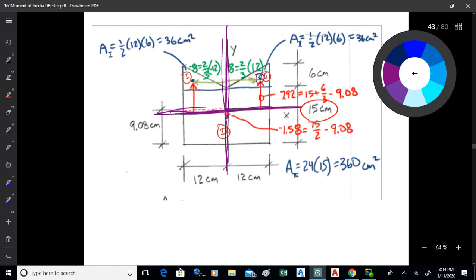But the centroids of the triangles that make up that shape and the centroid of the rectangle are not on the x-axis, and the triangular ones are not on the y-axis. So I know I'm going to have to do the transfer axis theorem. Because of that, I want to get those offset distances from those neutral axes to the centroids.